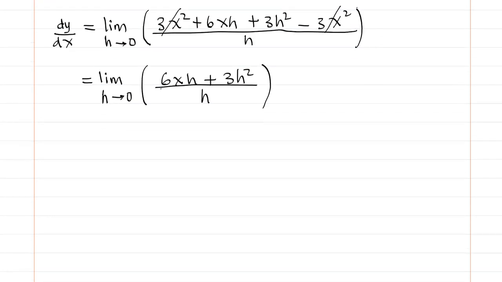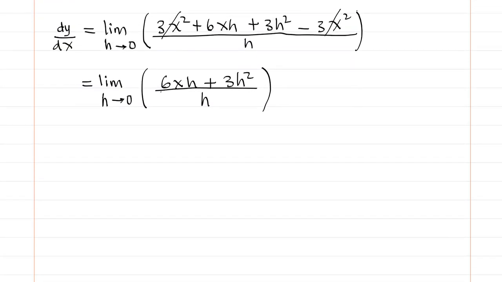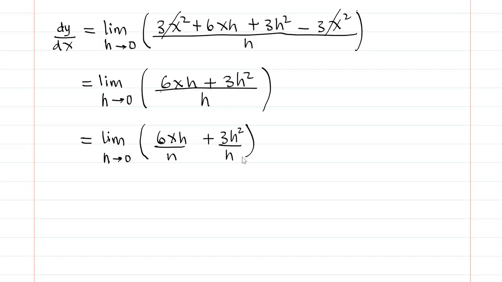And then from here we divide all the terms by h. So we shall have the limit as h tends to 0 for, remember we distribute the denominator. So let me show that. We shall have 6xh out of h plus 3h squared also out of h, right?